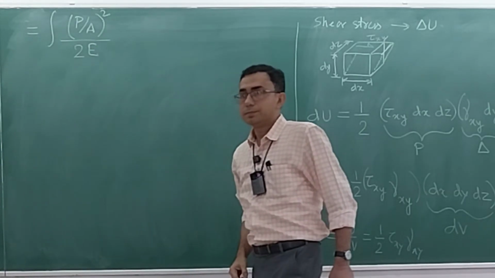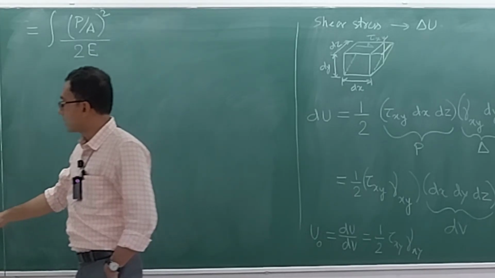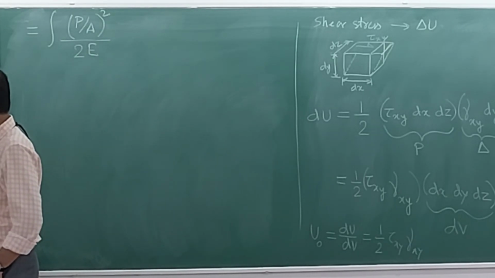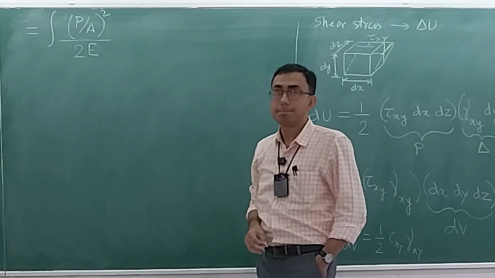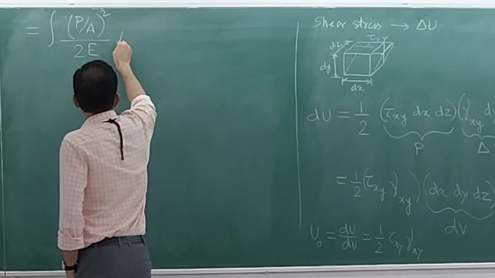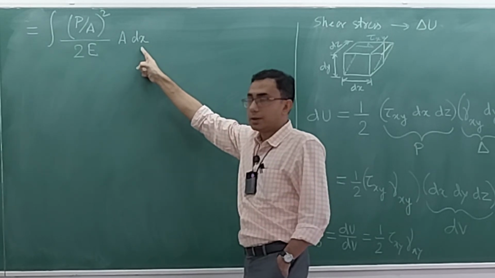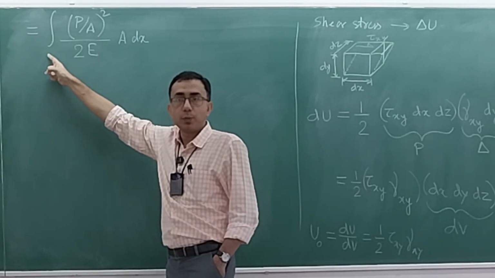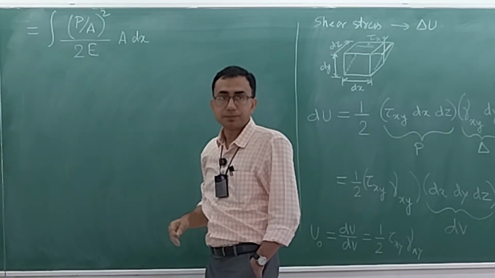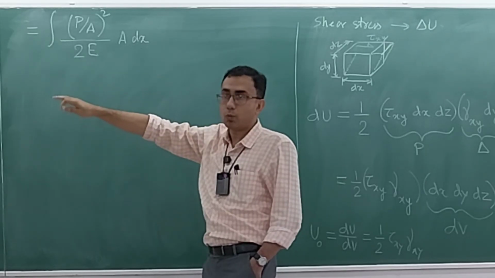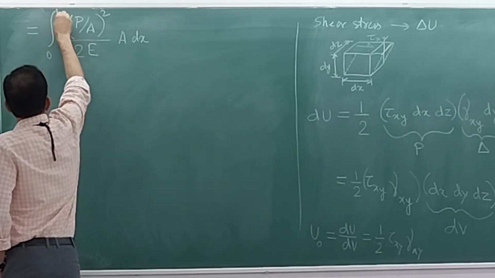How can I write dV if I want to consider the volumetric element corresponding to a slice of material? Then dV is equal to A dx. And the moment you write this dx, and you remember that in front there is an integration sign, it is very convenient for us to write down the limits of that integration. Because this x will go from one end of the member to the other end, so here we can write 0 to L, the entire length of the member.